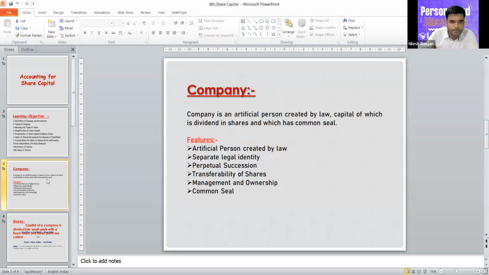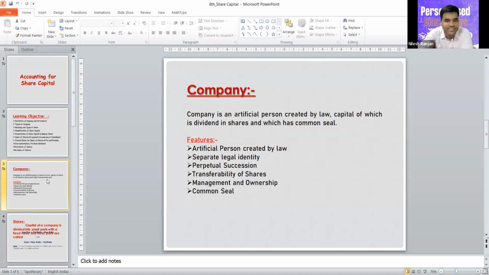It is called shares, and ownership of share means ownership of company. So this is the basic definition of company. Actually, there are 2 or 3 definitions, but I didn't get enough time to prepare the presentation, so I have written this only.